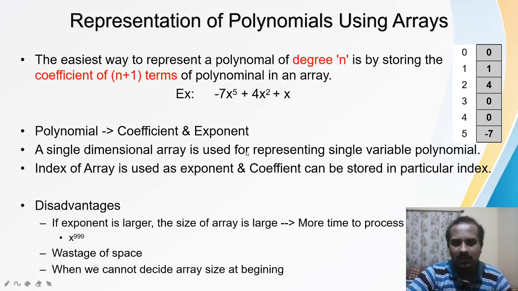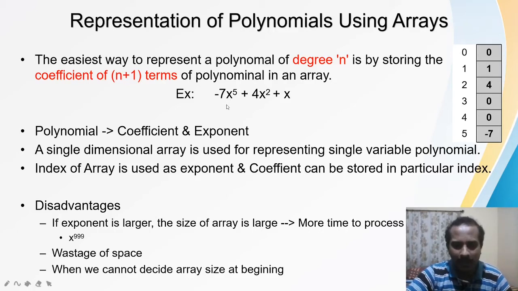So what is the array size we require? We require n plus 1. That is 6 should be your size of the array. So I am having the 6 array size. If you see here, this is the index part and this is the data part.